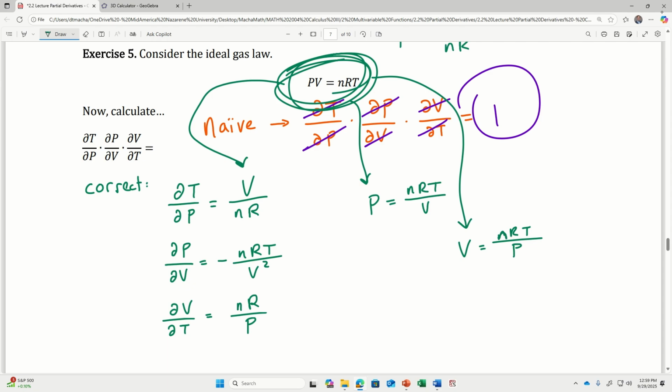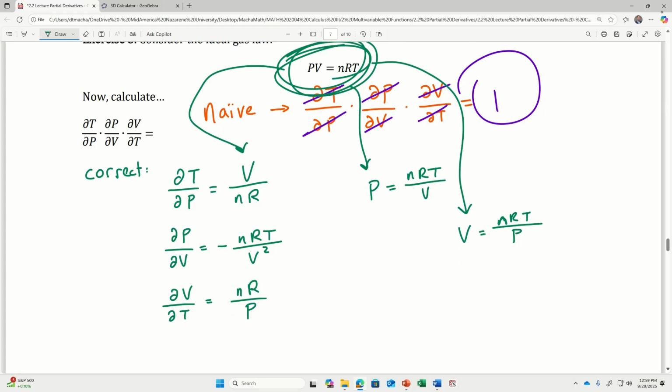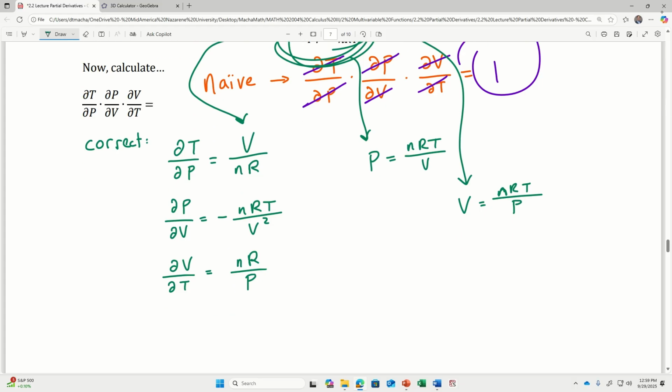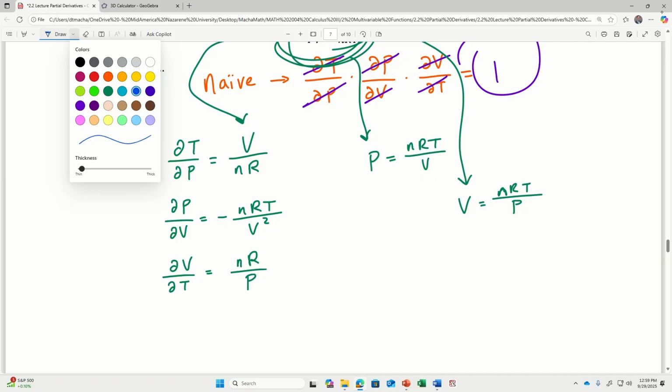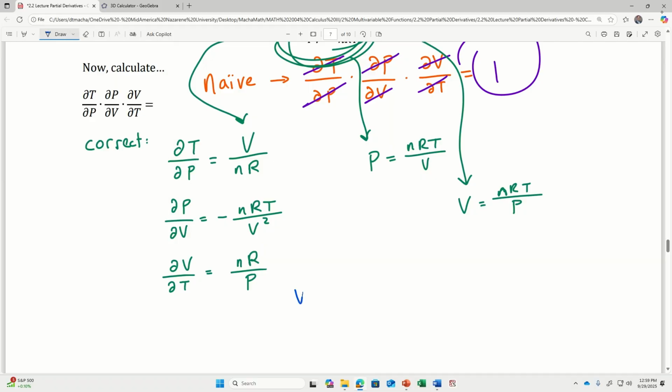And now we want to multiply these together. So let's multiply together V over nR times negative nRT over V squared times nR divided by P. Okay, so now we get out our eraser or our red pen or whatever. We start canceling some stuff.